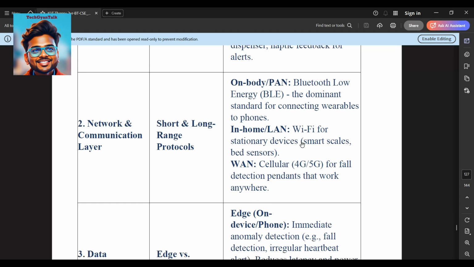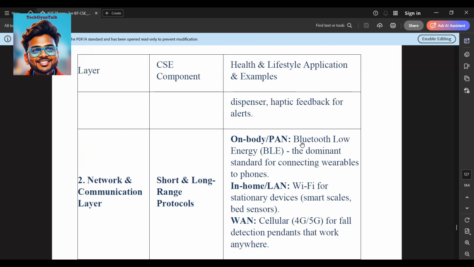The network communication layer uses short- and long-range protocols. On-body or PAN: Bluetooth Low Energy, BLE, is the dominant standard for connecting wearables to phones. In-home or LAN: Wi-Fi for stationary devices like smart scales and bed sensors.